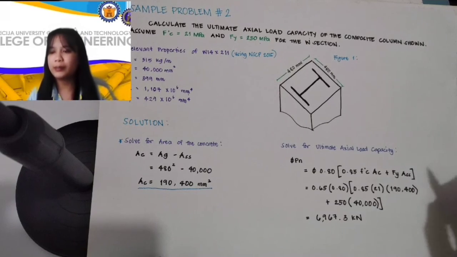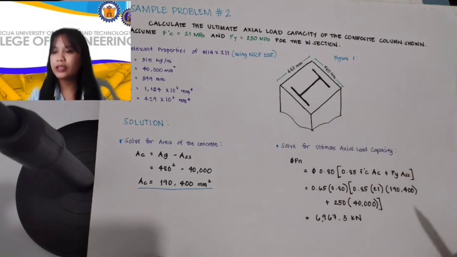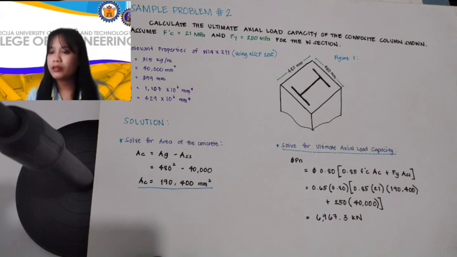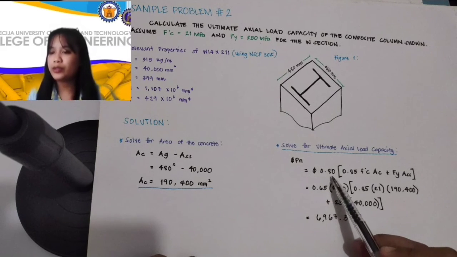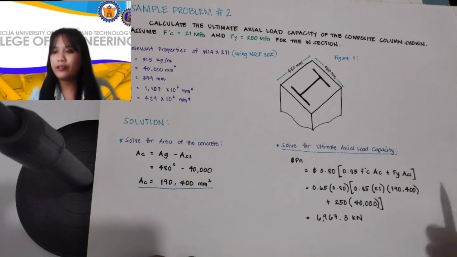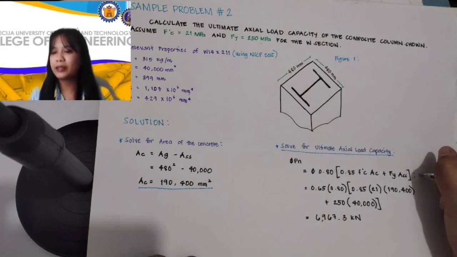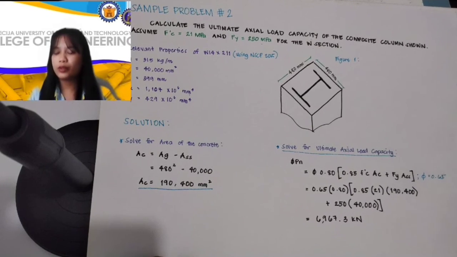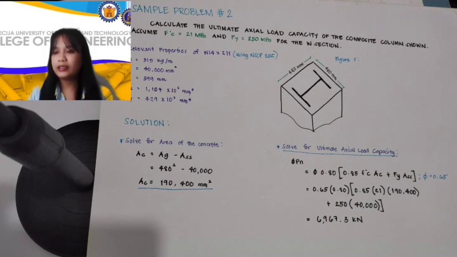Using NSCP 2015, we calculate the ultimate axial load capacity, which is the resistance factor times 0.80 multiplied by 0.85 times the compressive strength times the area of concrete plus the yield strength times the area of the steel. Through this formula, let's substitute the given and computed values from earlier.